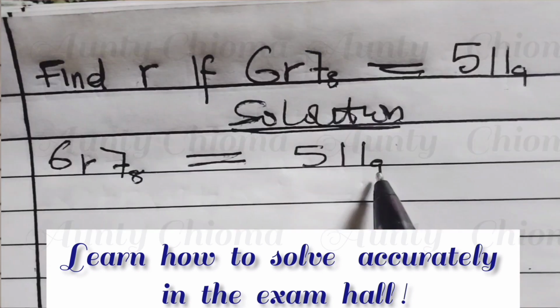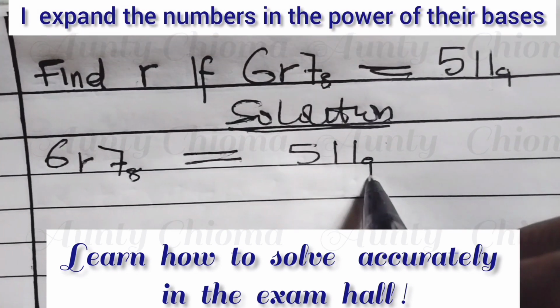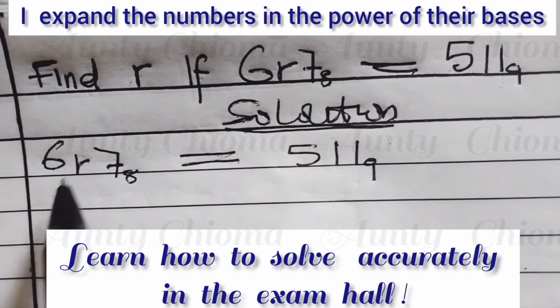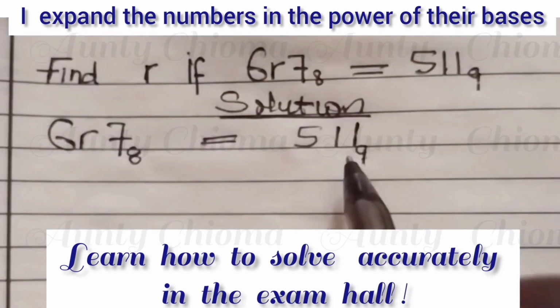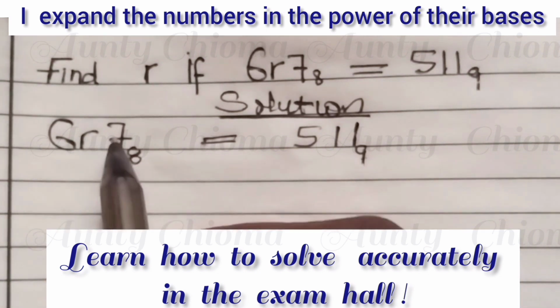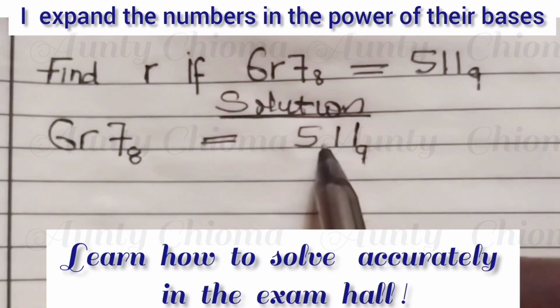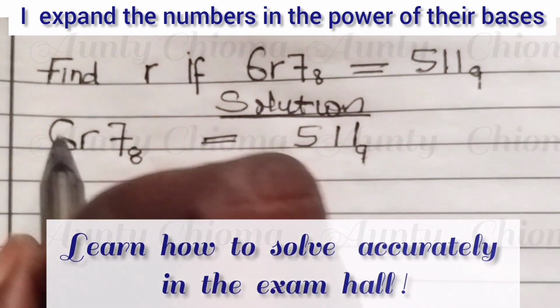Okay, what do I do next? I expand these numbers in the power of their bases. I will expand 6R7 in the power of base 8 and 511 in the power of base 9. I go like this.